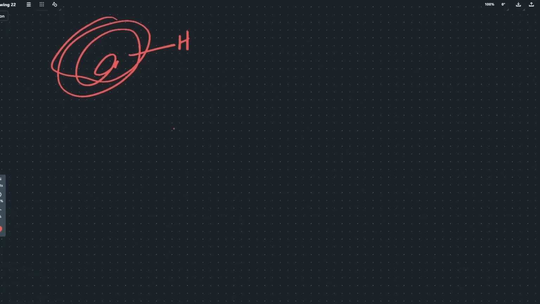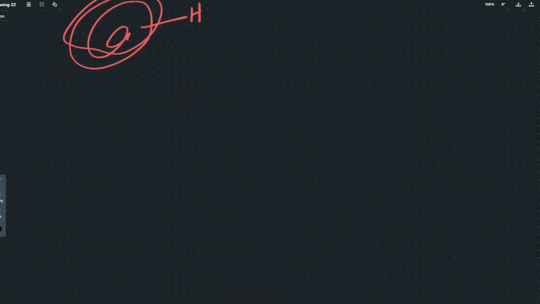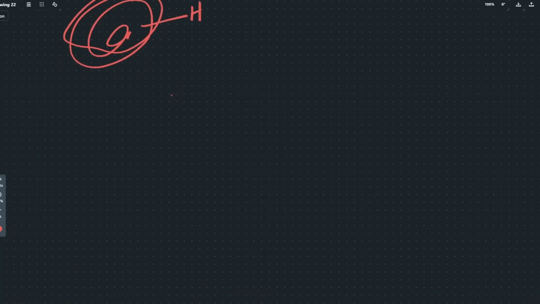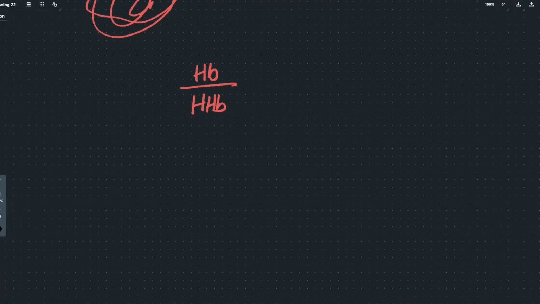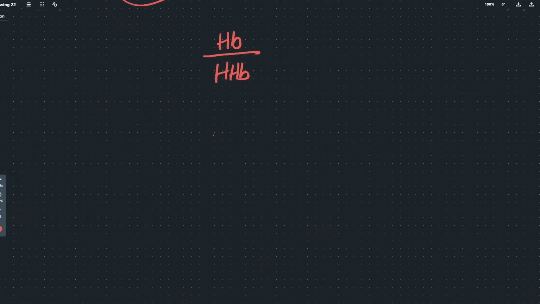So I can write it in the form of the Henderson-Hasselbalch equation, that we have this base form Hb, and we have this acid form HHb. Now the pKa changes depending upon whether the hemoglobin is oxygenated or deoxygenated. Let me tell you the implication of this.